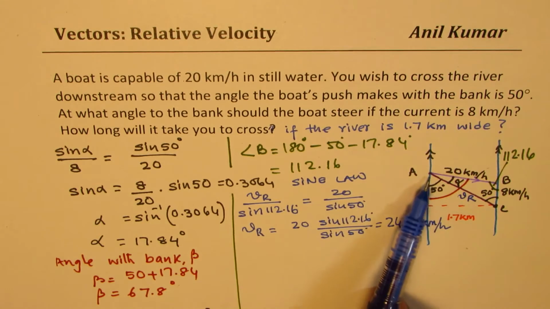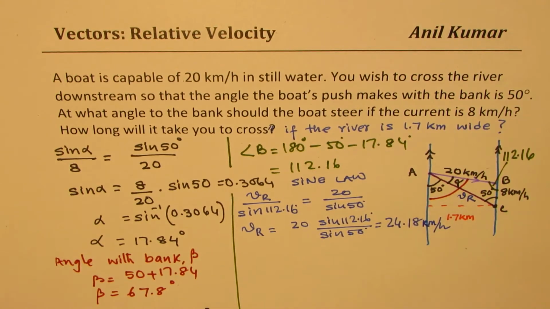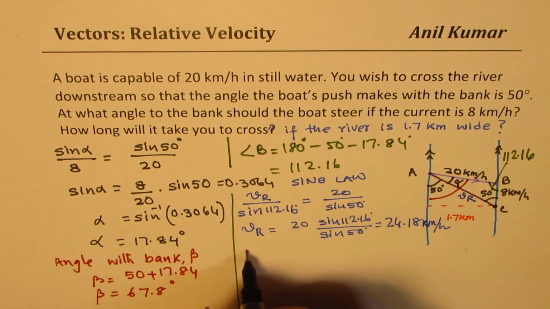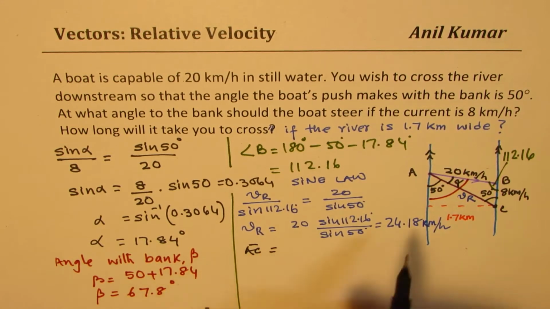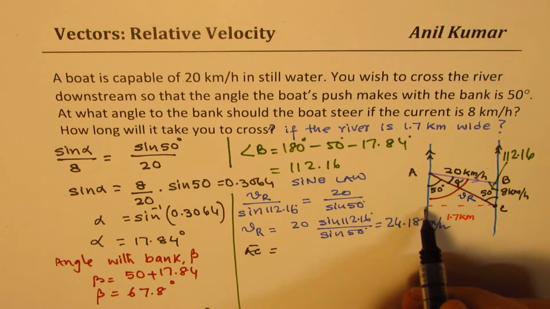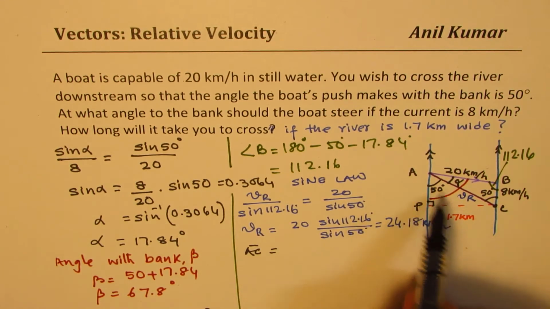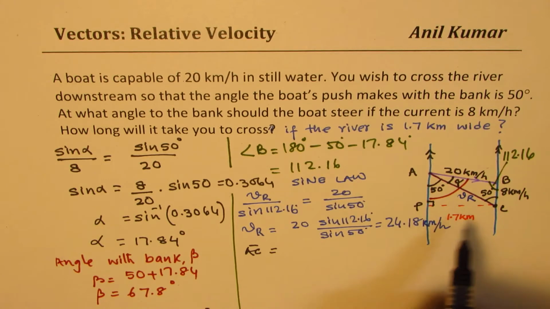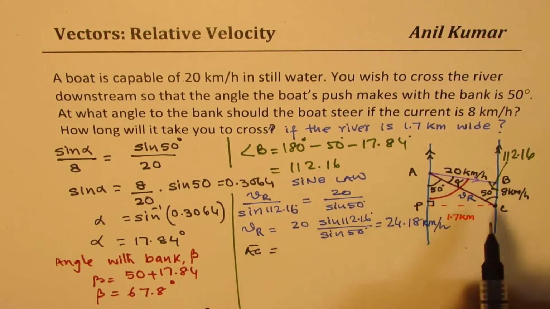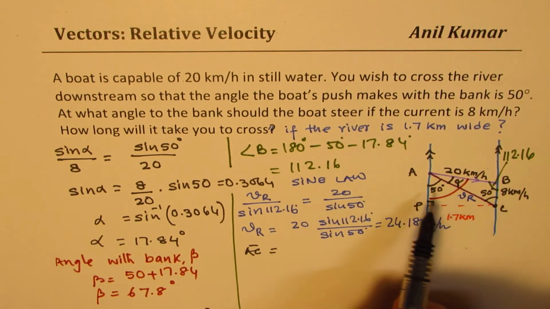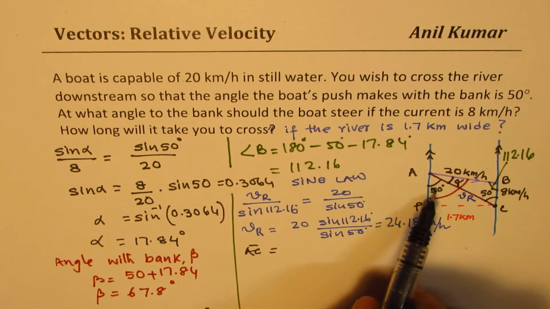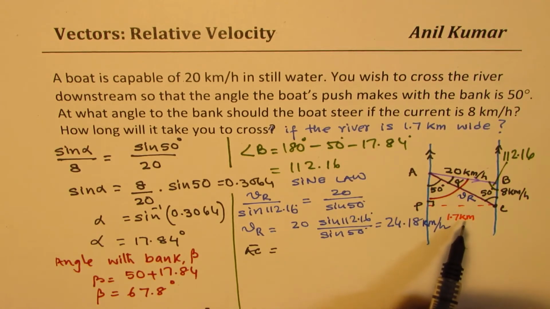Now we also need to find distance AC, right? So what is distance AC? The distance AC through which the boat actually travels can be found from the triangle. Let's call this point P. So in this triangle, you see P is at right angles, and therefore we could say that in this particular triangle, if you look from the 50 angle, then 1.7 becomes the opposite side.